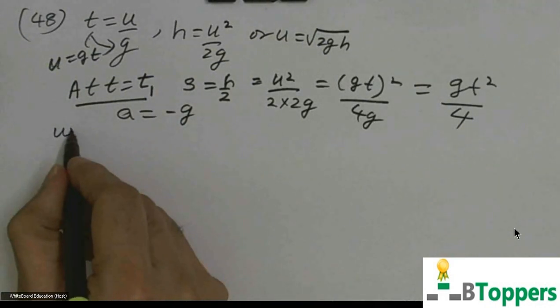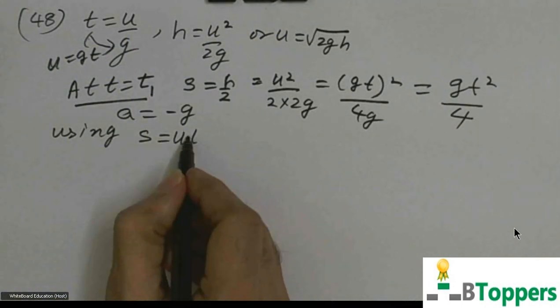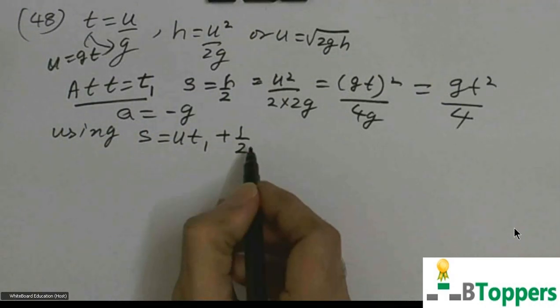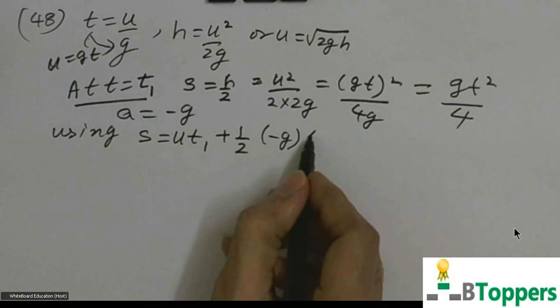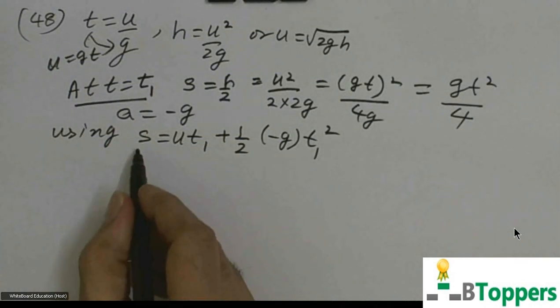Use the equation s equal to ut plus half at square. You can write a equal to minus g, and t equal to t1 here.